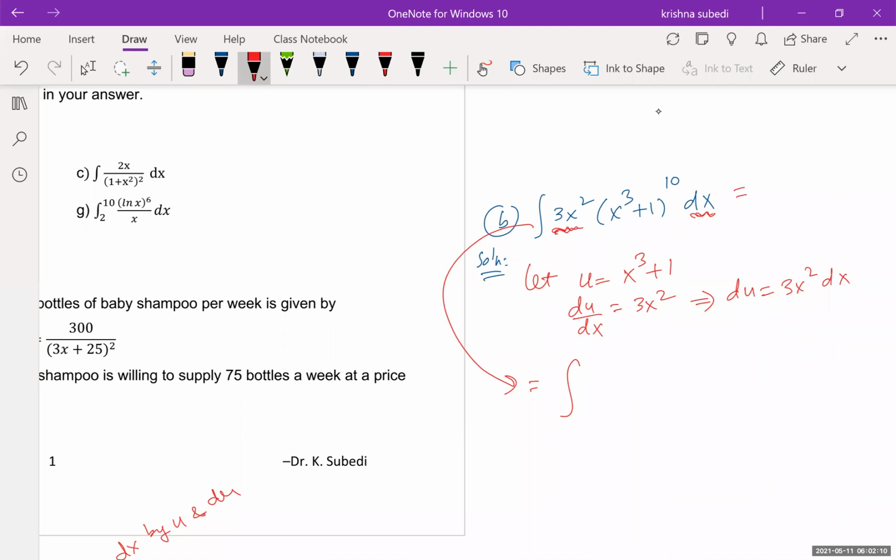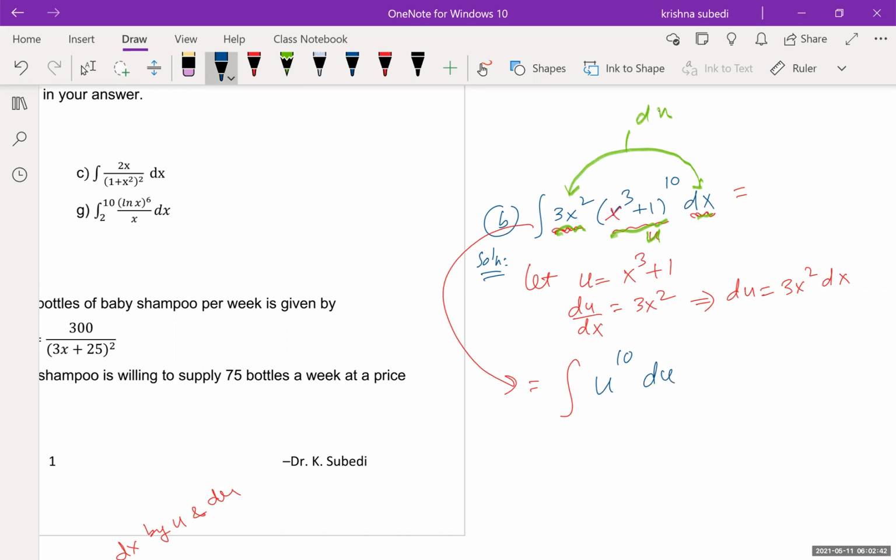So 3x squared and dx together is du, and this other part is u. So basically we can write this as u raised to power 10 du. That's it.